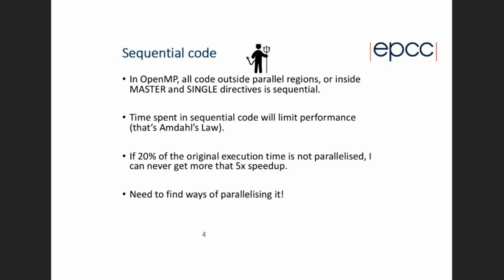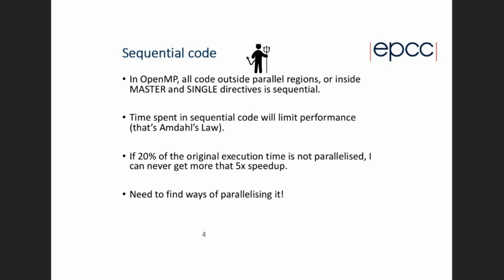The first one is really very straightforward, which is sequential code. In OpenMP, all the code that's outside of parallel regions or inside master or single directives is sequential code where only one thread is executing. The time spent in the sequential code is going to limit your performance.